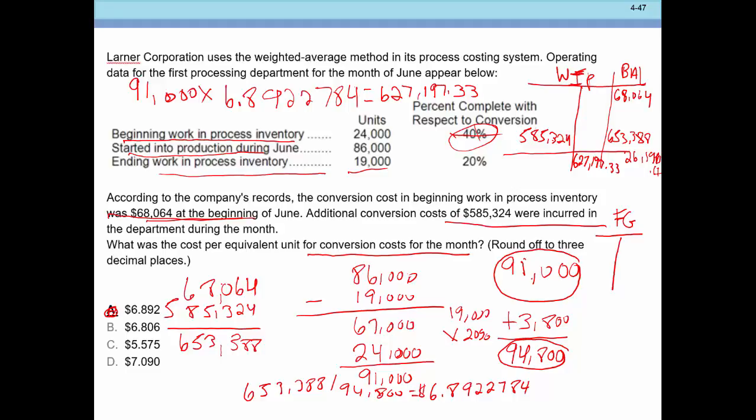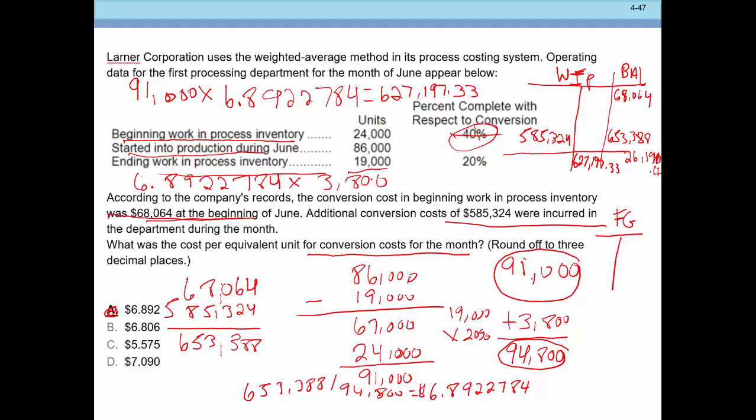ending work in progress. And just to check that, I'm going to take the 6.89222784 times what? Times the number of equivalent units that are left in my ending inventory, which is what? 3,800.